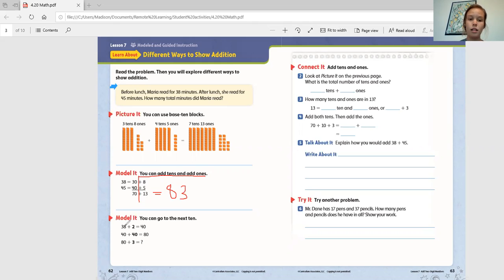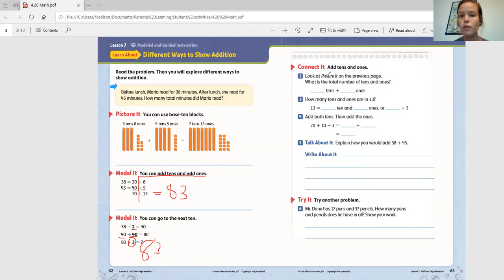And then on the model it, this one is making our friendly numbers like we've talked about before by making the next 10. So for 38, you need 2 more to make the next 10. And then you add your tens together because those are easy to do. And then you have what you have left over, which is a 3, and add that to your answer to get 83.